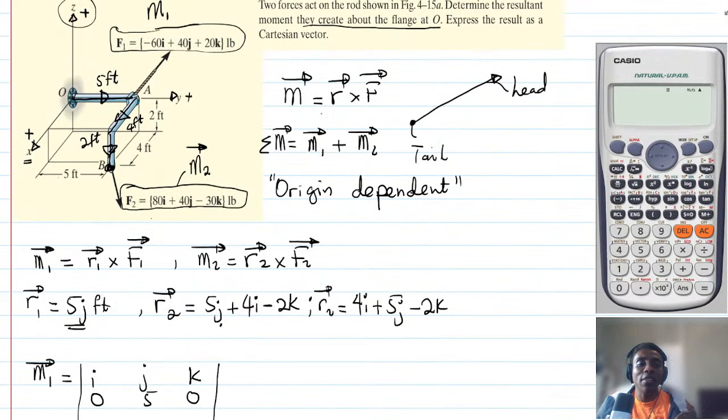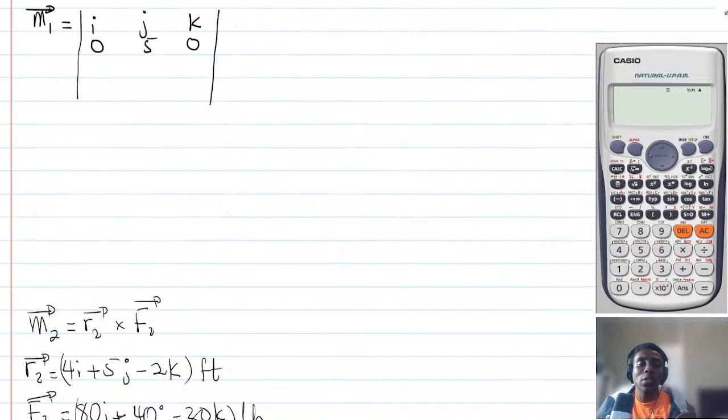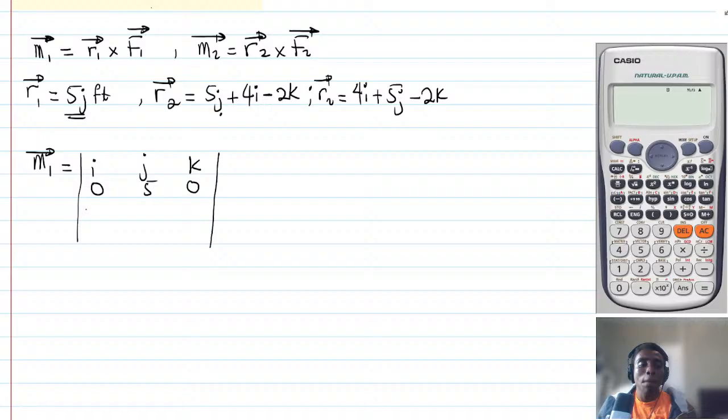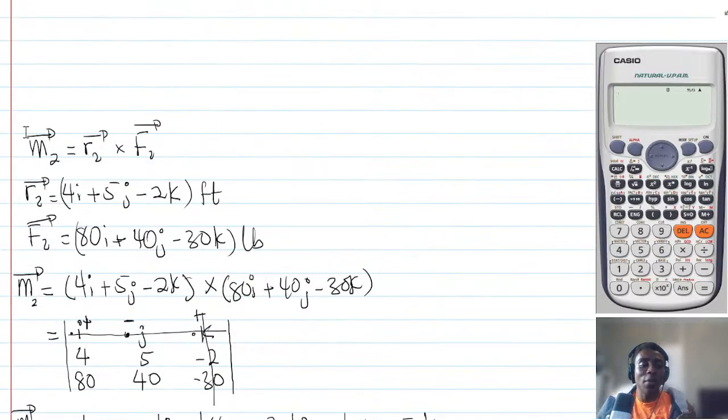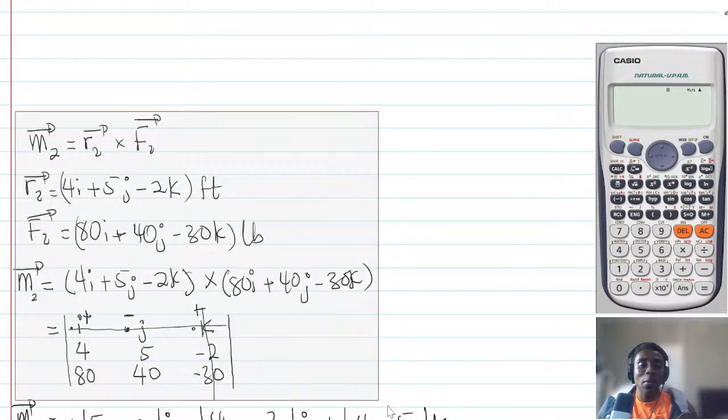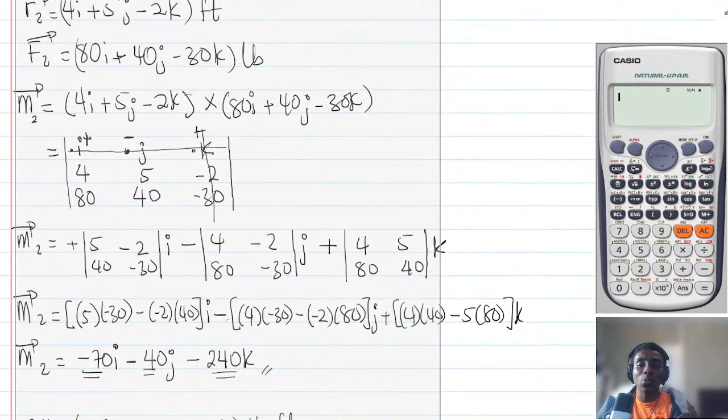Then you bring the force F1: minus 60, 40, 20. I have already solved it, but I want to solve it again with you.